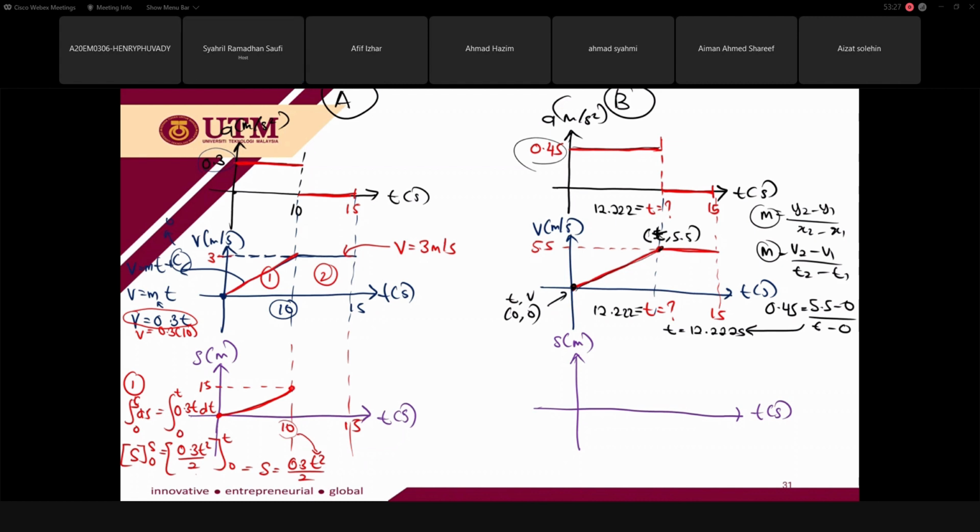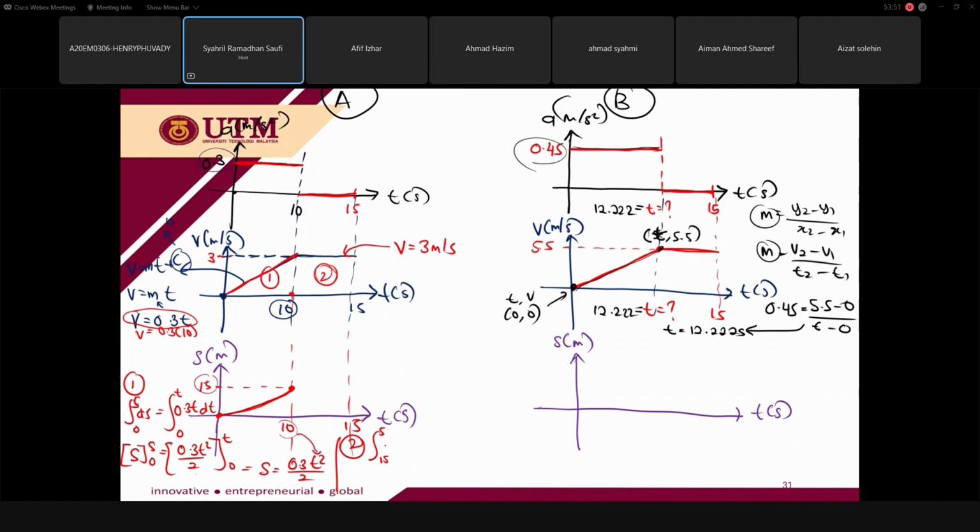Alright, for the second section, v equals 3 meter per second. For the second section, we still do the same integration, but now from 15 to s, because this section here is 15 meter.